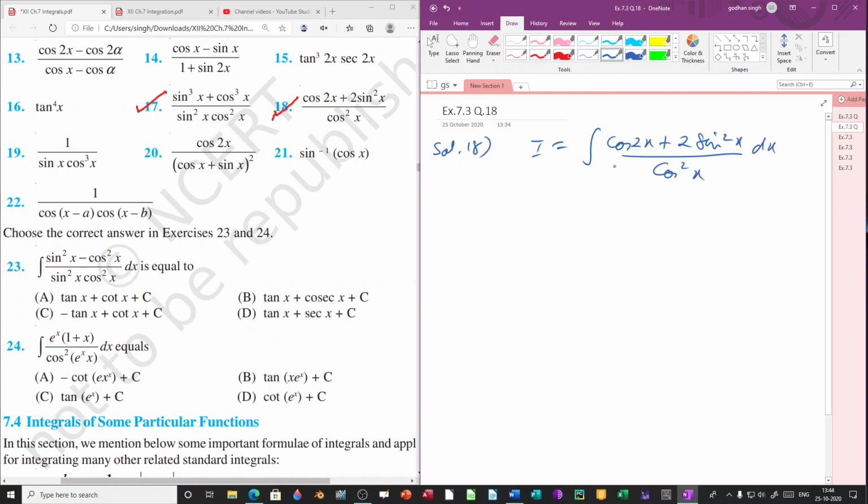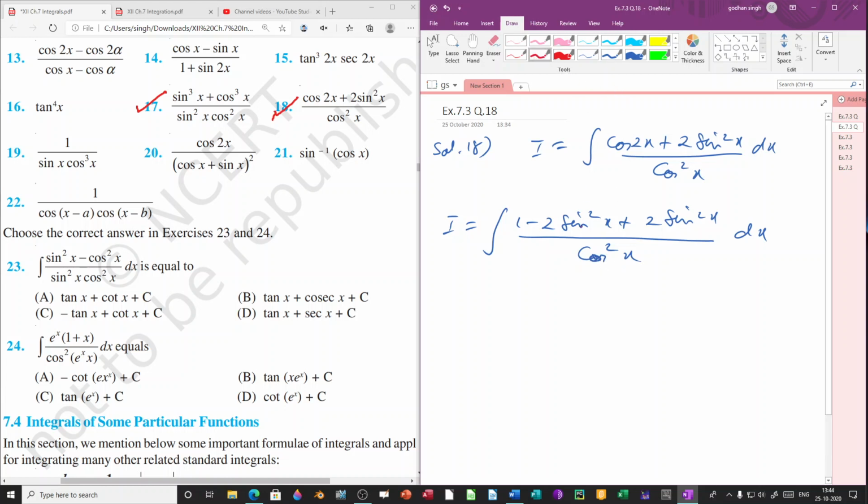In the numerator, we can write cos 2x in terms of sin square x, so that can be simplified further. So, I equal to integration of cos 2x can be written as 1 minus 2 sin square x, plus remaining we are having 2 sin square x, over cos square x and dx.